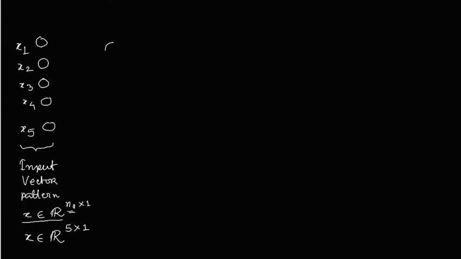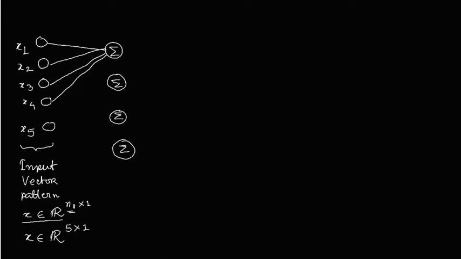Now we have 4 neurons in the next hidden layer. These are summing nodes, and each of the neurons is getting all these 5 inputs coming to it, and when an input reaches here, it is multiplied by a constant number.